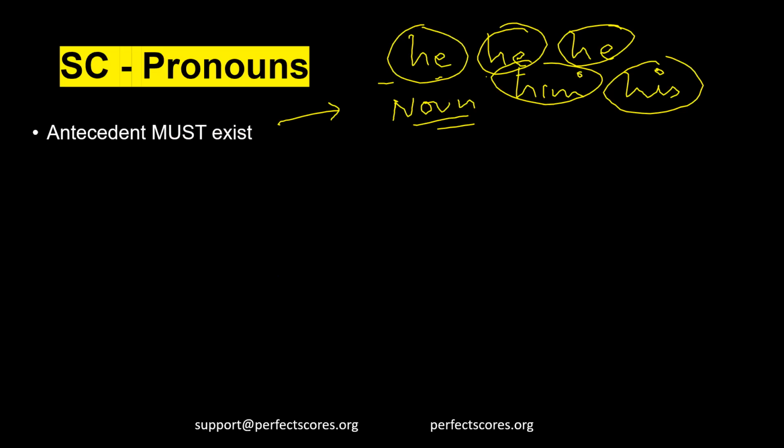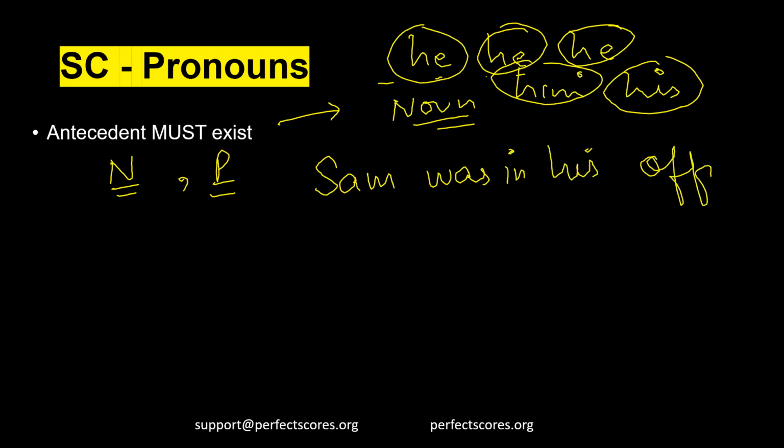And this does not mean that the pronoun needs to always come after the noun. It can be different. Most of the times, the noun usually comes before the pronoun. For example, Sam was in his office. Now, this is a very basic sentence, but it gives you an idea of what I'm saying. So the noun clearly comes before the pronoun, which is the usual case. Sometimes it's the opposite.